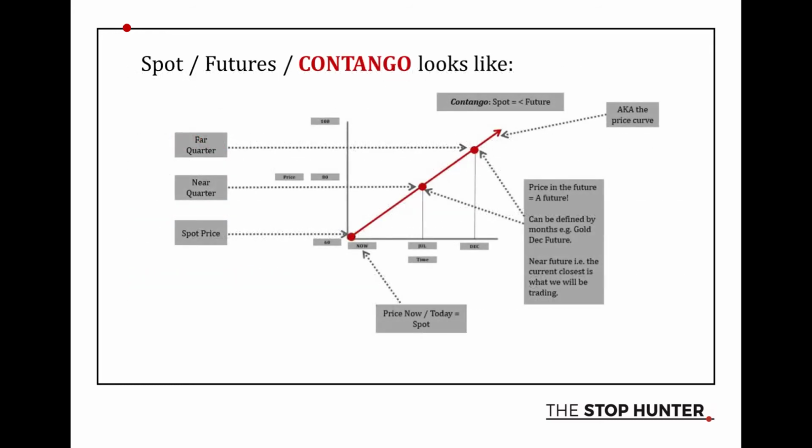Now this is a graphical representation of contango. We can see that the spot price today is low, down around 40, I think it says there, and we can see that the price going forwards into those future months is a lot higher, and that is our curve, those price points joined together. And because the spot price is less than the future price, we call that market in contango.